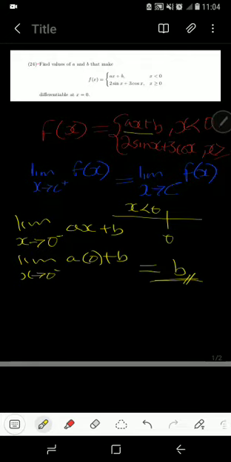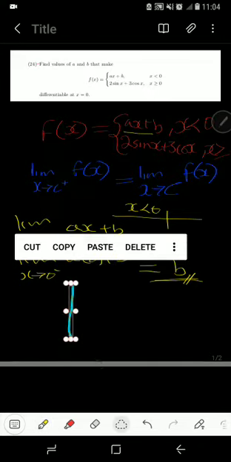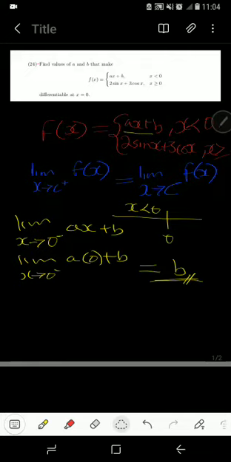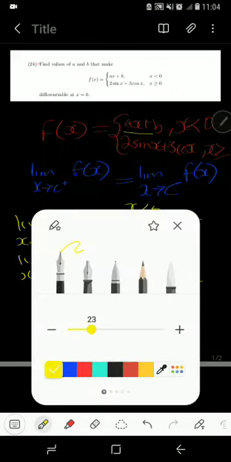Let us proceed. We find the limit. Let me use a different color.